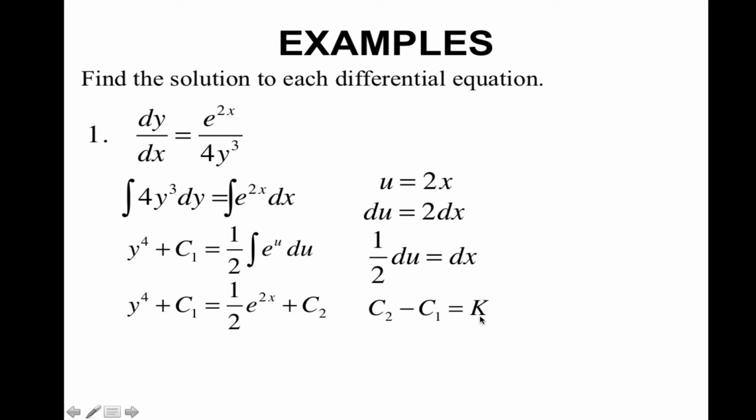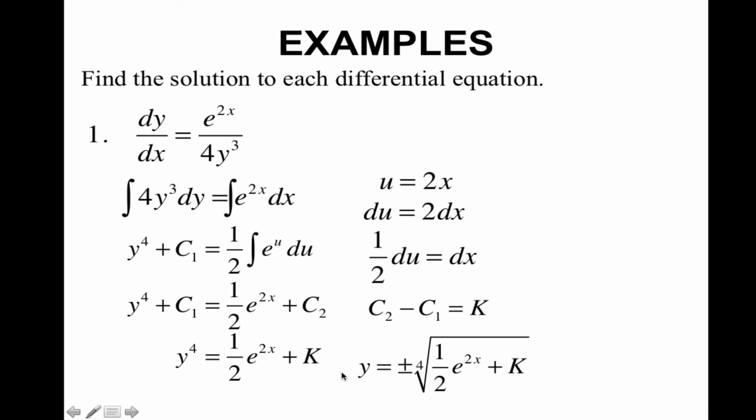To differentiate between all these constants, I'm going to let the final constant be k. So now I have y to the 4th is equal to 1/2 e to the 2x plus k. 4th root both sides, and since it's an even root, I get plus or minus. So this would be my solution to my differential equation.